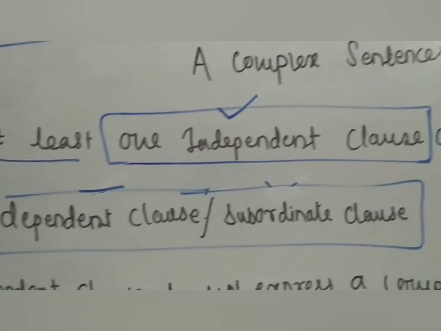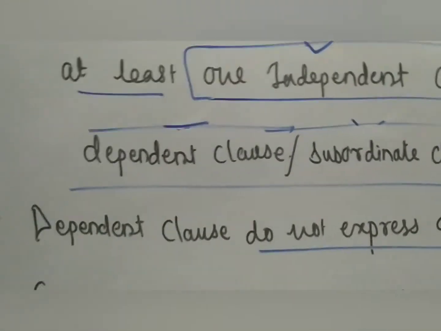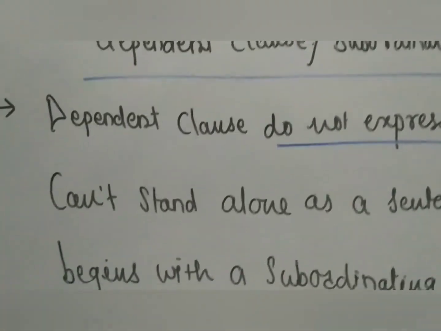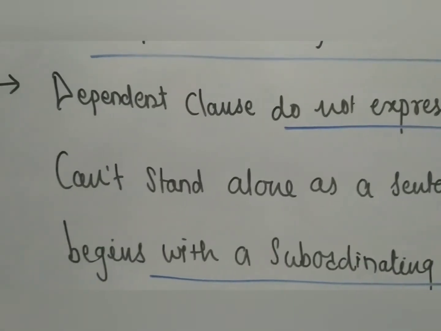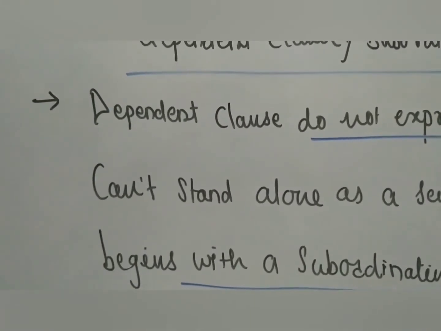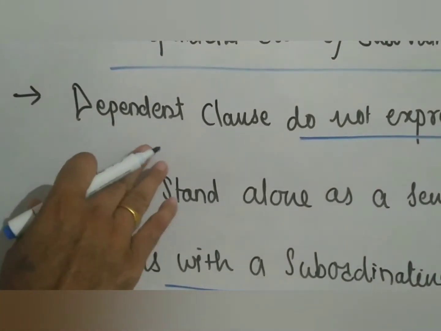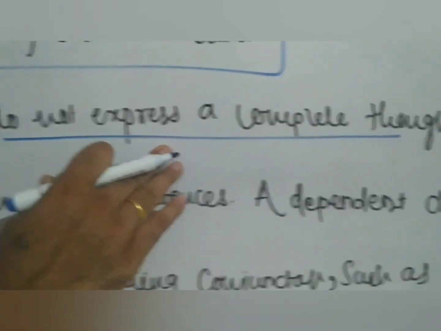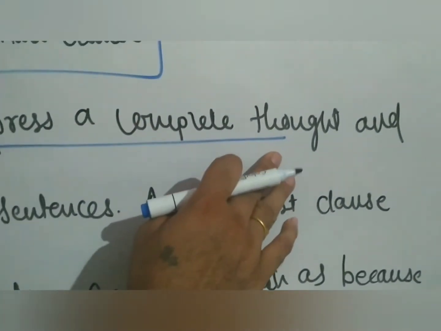So in a complex sentence there are two clauses. In a compound sentence there are also two clauses, but in a simple sentence there is one clause. Now see, the second point: a dependent clause doesn't express a complete thought.